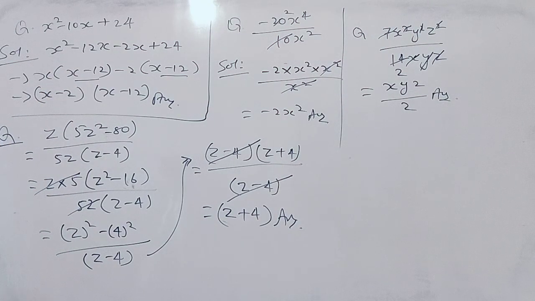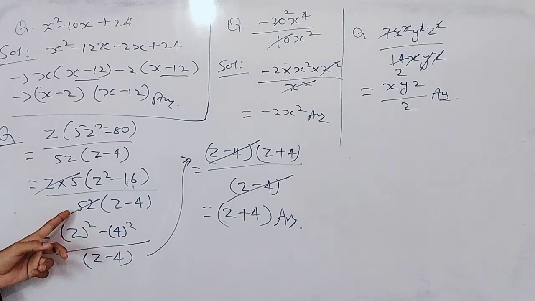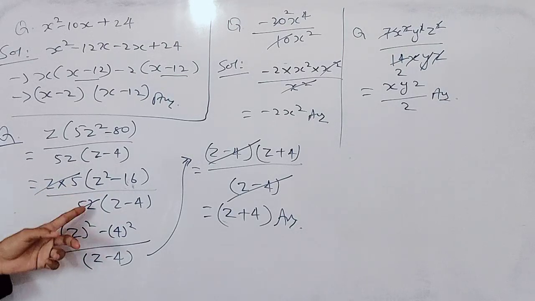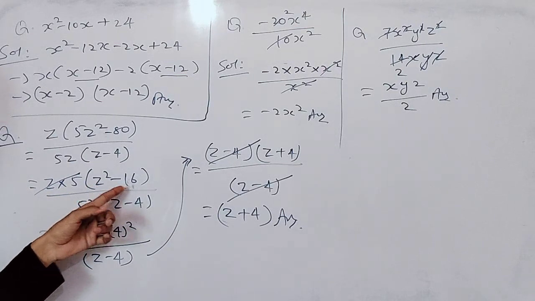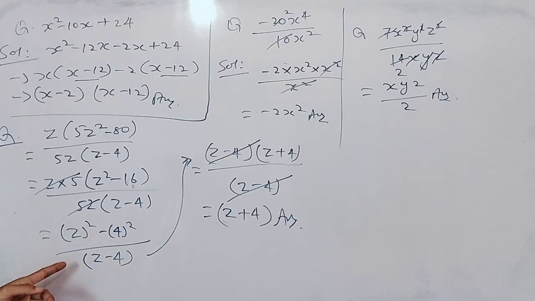We simplified it by doing that. Whatever is cutting, you cut, but logically you have to cut. As you can see, here in place of the numerator is 5z and in place of the denominator is 5z. So both are the same. That's why I cut both. Here we applied the algebraic identity a square minus b square.